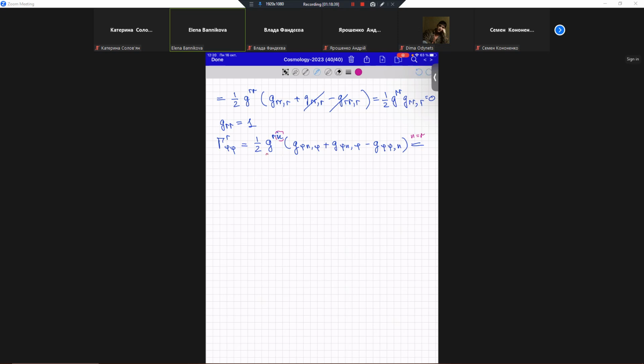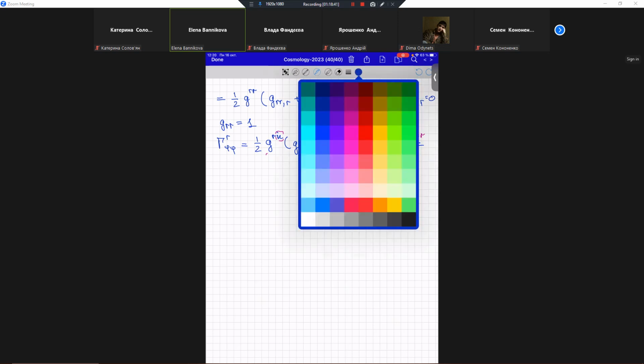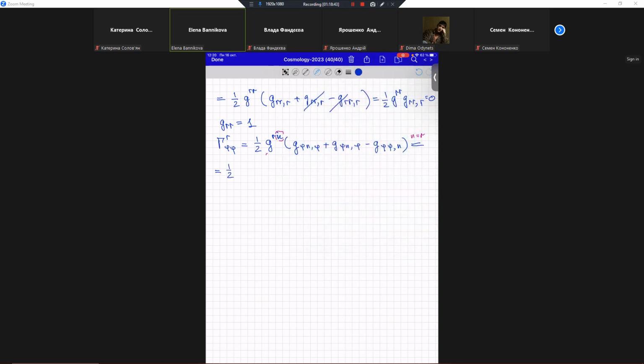Okay, so I can immediately write that this is 1.5 G_RR, but in this case I need to put G_phi everywhere. I will write everything just so that everybody understands, plus G_phi-R-phi minus G_phi-R. So it's understandable that this equals 0 and this equals 0, due to the fact that we have only diagonal elements.